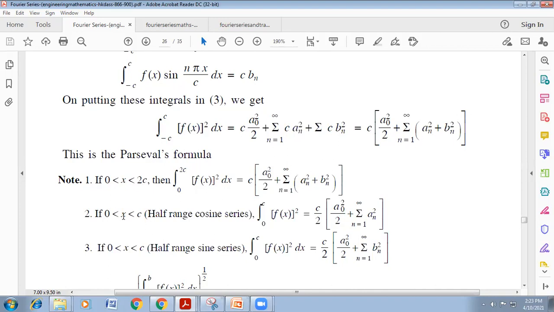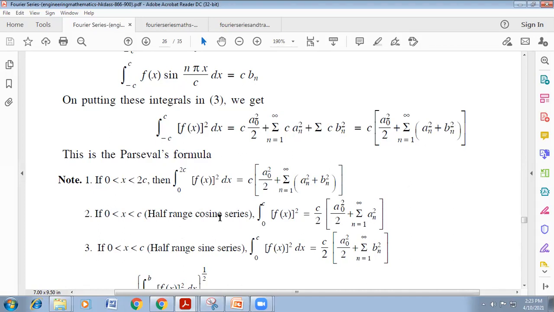Now if x lies between 0 and c, that means half range cosine series. For half range cosine series, the integral from 0 to c of f of x whole square equals c by 2 times a naught whole square plus the cosine coefficients. Sine coefficients will be absent because it is a half range cosine series, so only a n square will be present, and b n square will be 0.